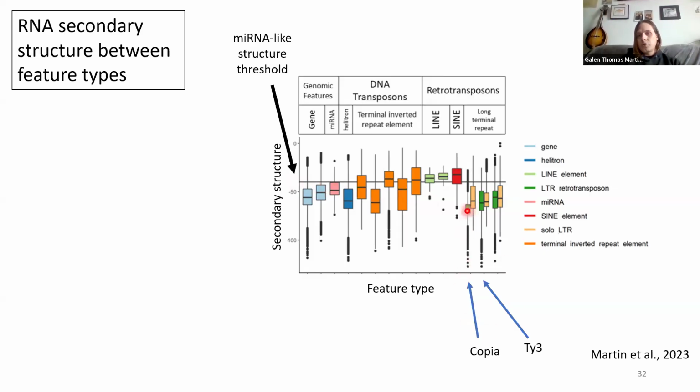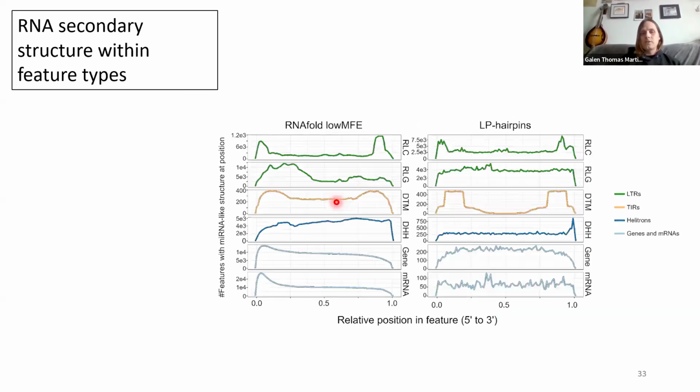Firstly, the most structured elements in general are the copia LTR elements, which is essentially the same type of element as Alex Busios's project was looking at, which I was talking about at the beginning of this. And you might also notice, importantly, that genes also tend to have secondary structure somewhere within that element that resembles a microRNA. So that's why we ended up looking quite a bit at genes as well.